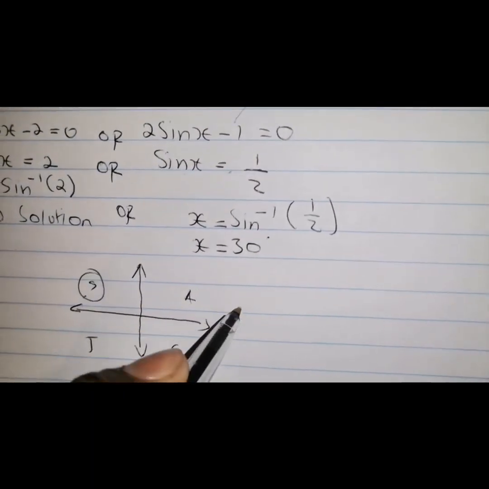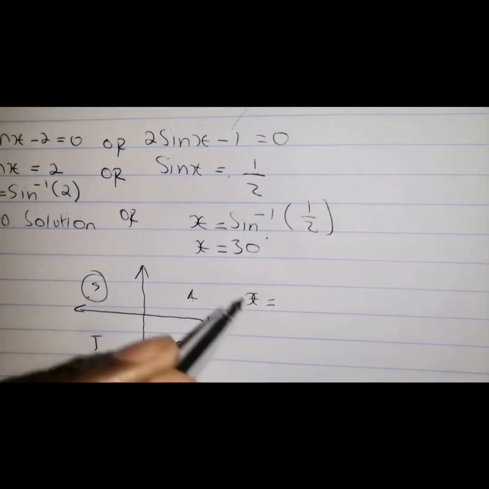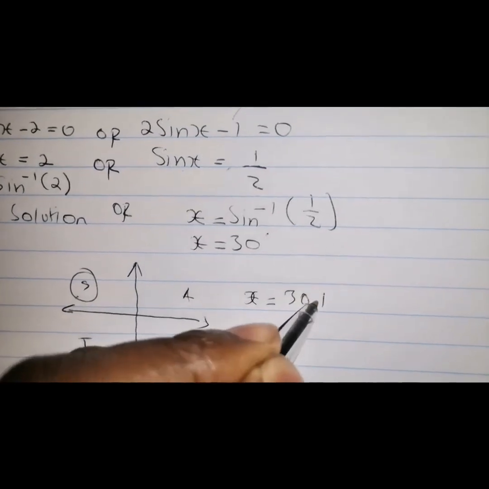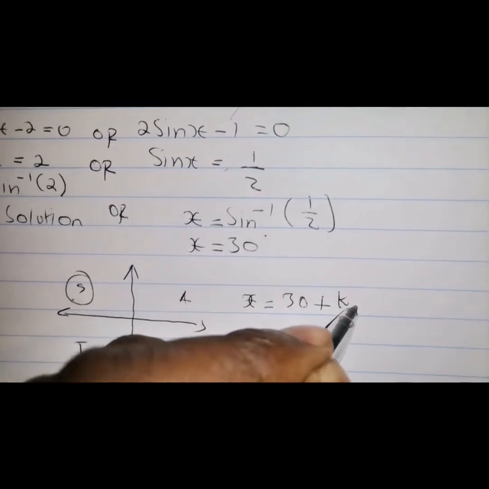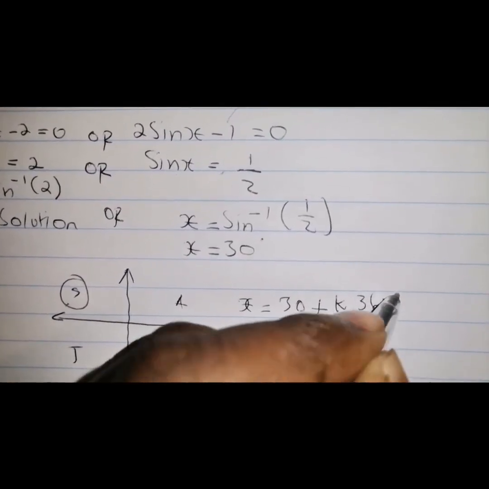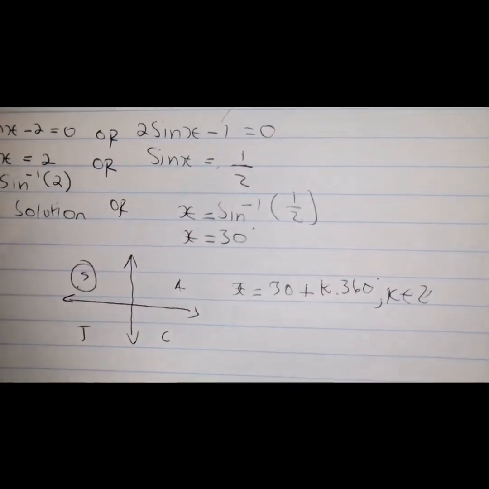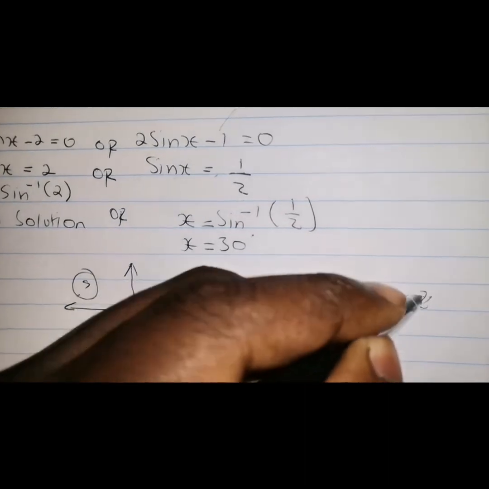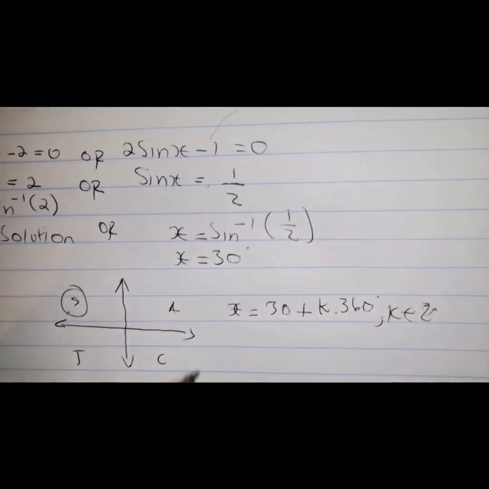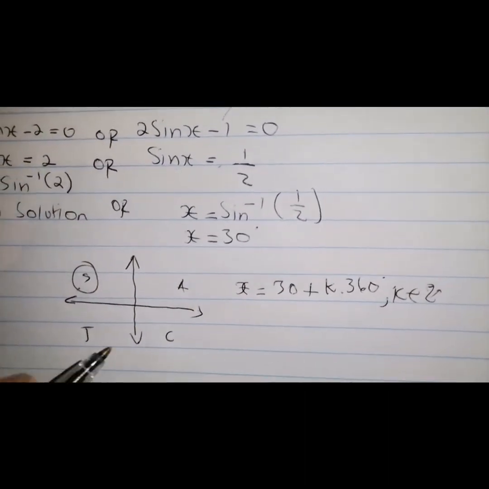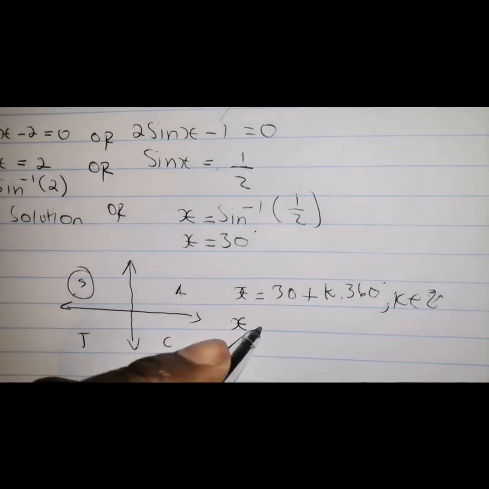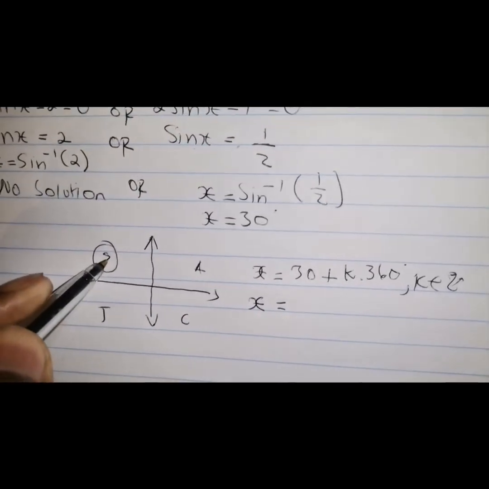Then our first solution is 30 plus k times 360, such that k is an element of Z, or an element of integers. Then x is equal to our second quadrant.